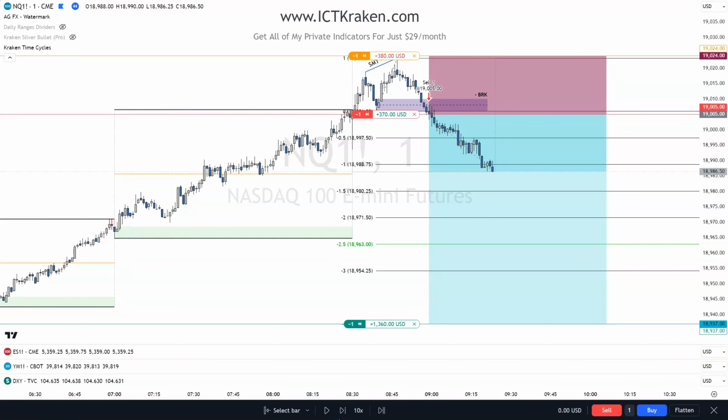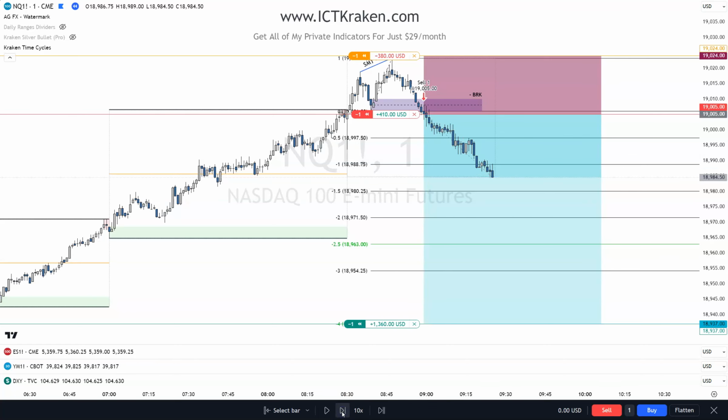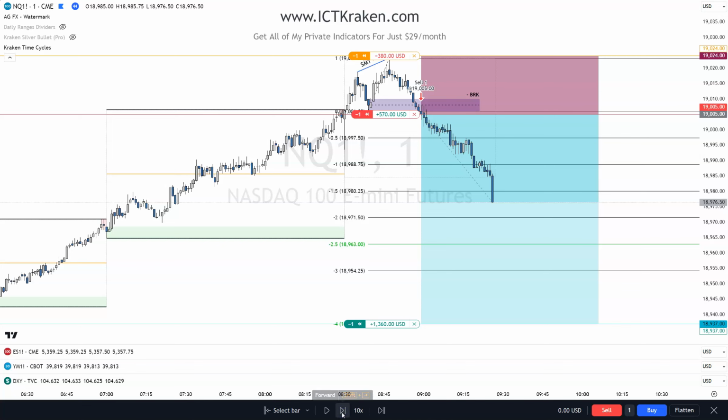This is ugly. This is why pre-market trades are not my favorite. Okay, we're gonna go break even. Okay, risk-free trade, perfect.